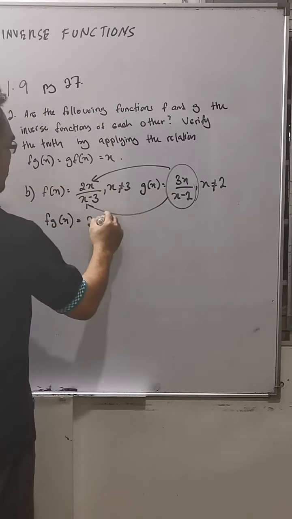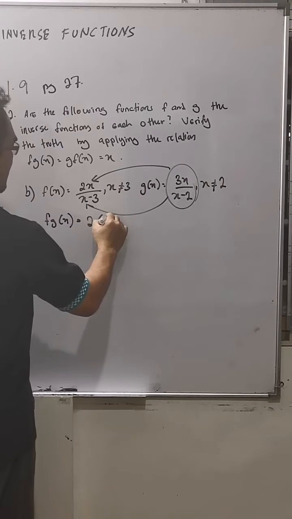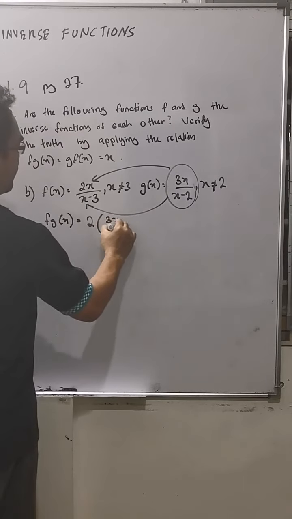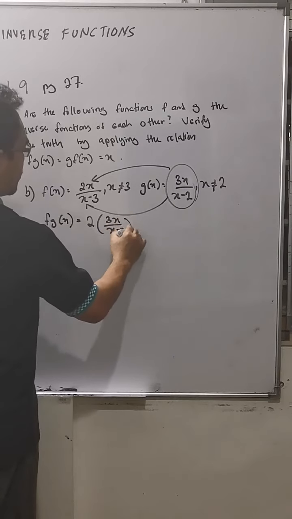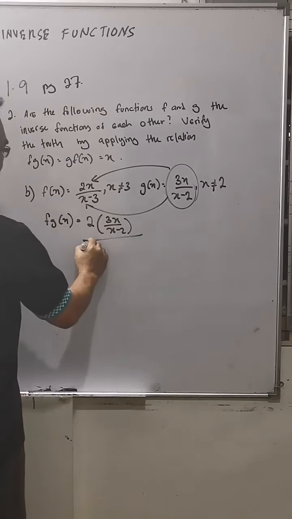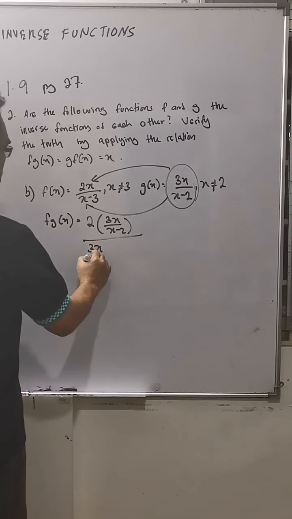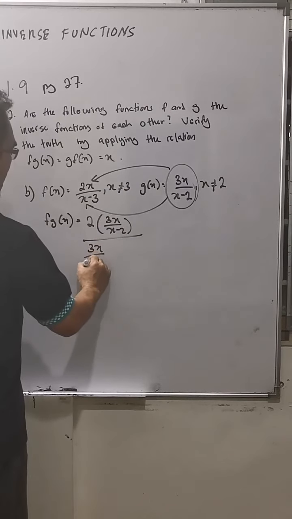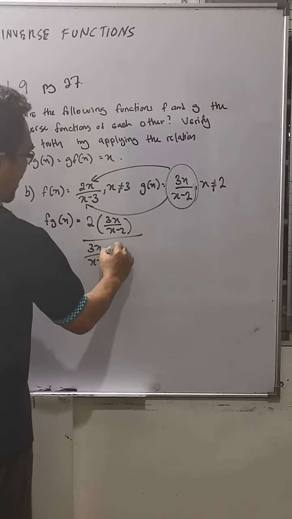The x is the whole thing there. So it will be 3x over x minus 2 over, and replace again, 3x over x minus 2 minus 3.